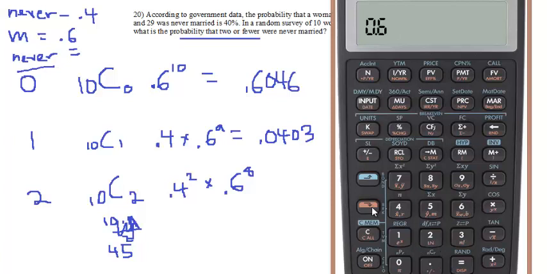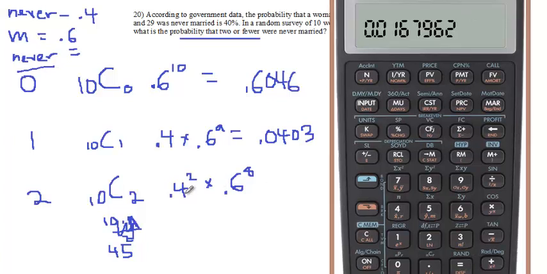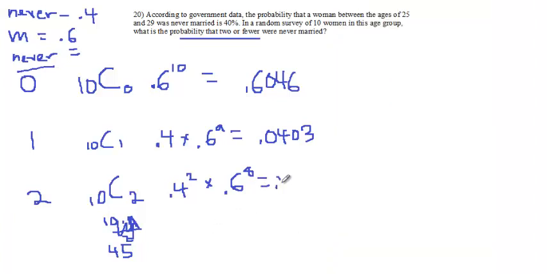Now 0.4 to the 2nd power, 0.4 times 0.4, is 0.16. So multiply that by 0.16. And then we have to multiply that by the 45, and we get 0.1209.